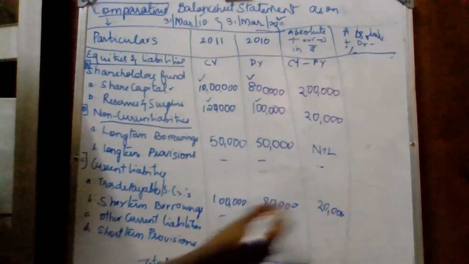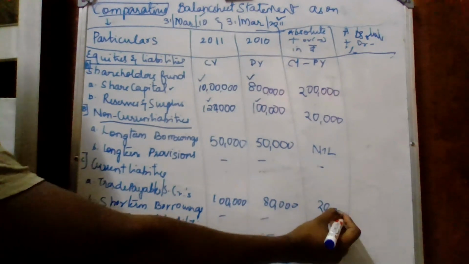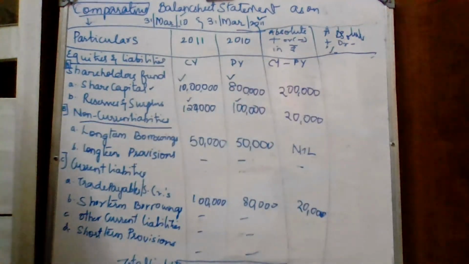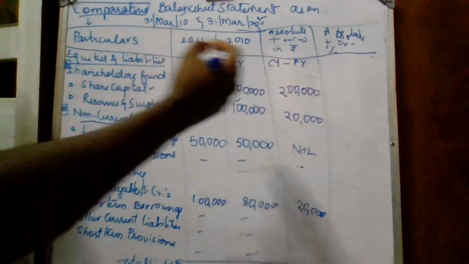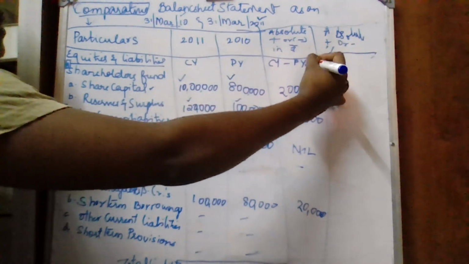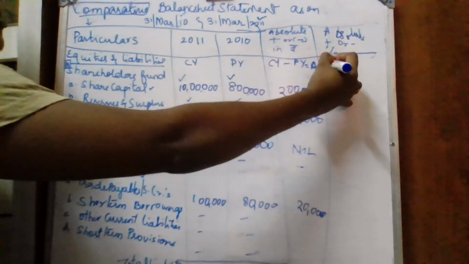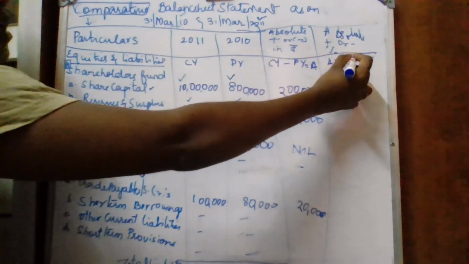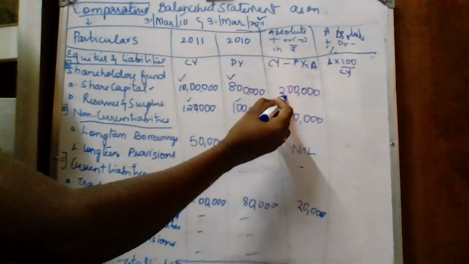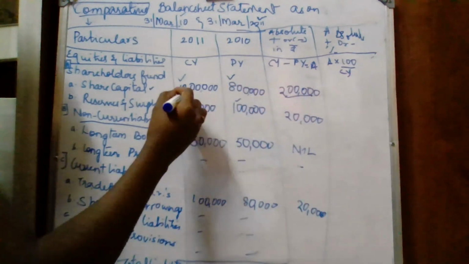Now, how will you calculate absolute increase or decrease in percentage? It is the difference, what absolute increase or decrease you are getting, into 100 divided by current year. So 2 lakh into 100 divided by 10 lakh.